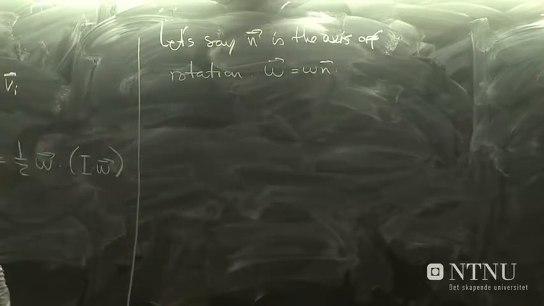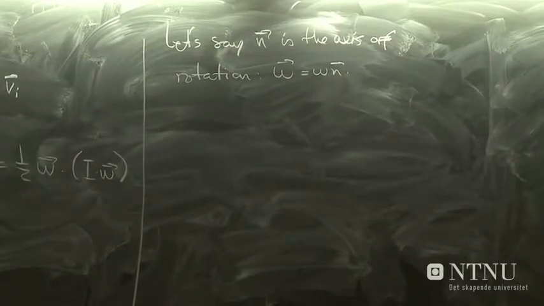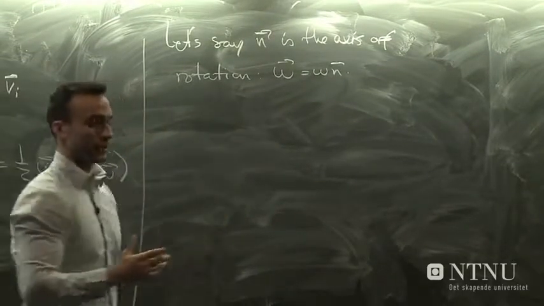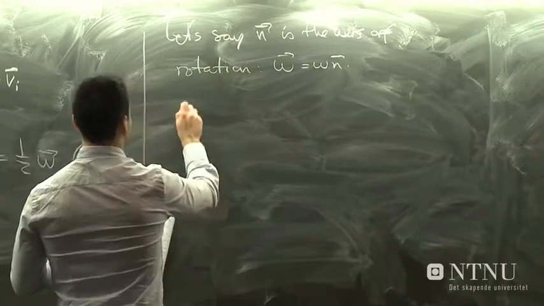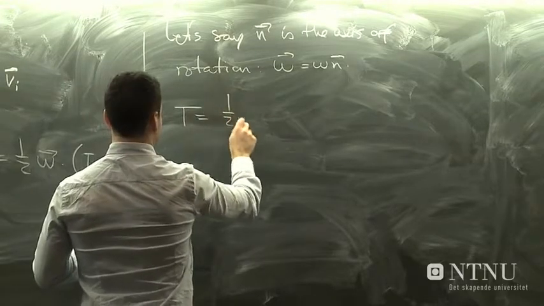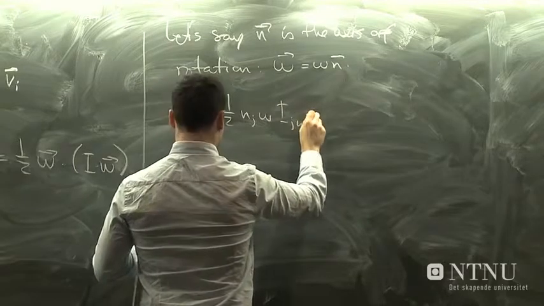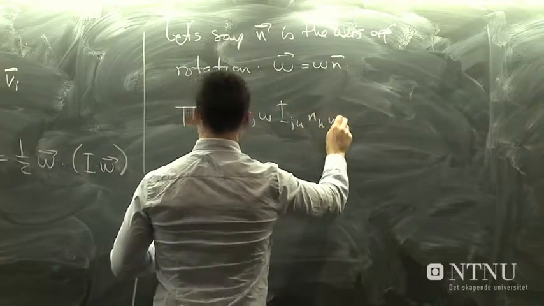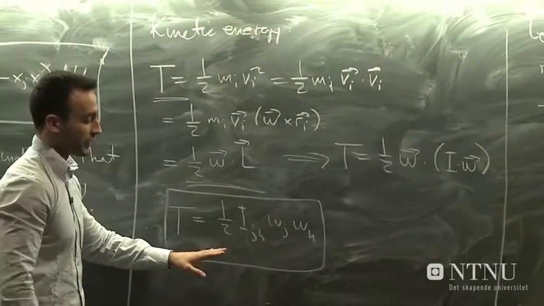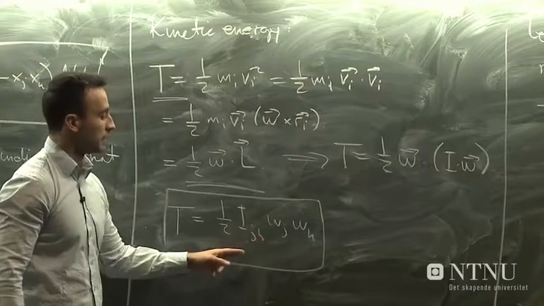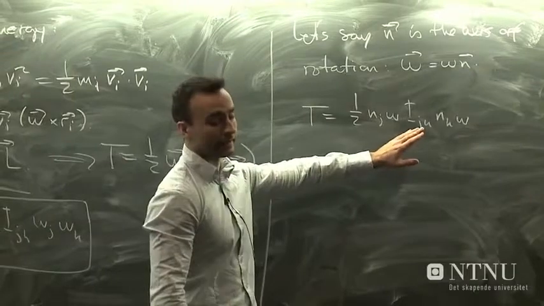So let's say n is the vector which gives us the axis of rotation, so that the angular velocity vector is given as the magnitude of it multiplied with n. By inserting this into the following equation and using that these are just scalars now, so they commute, meaning we can write the kinetic energy in the following way.